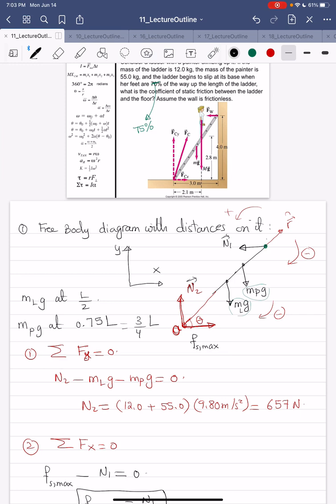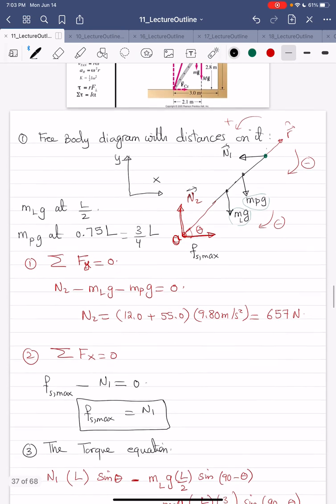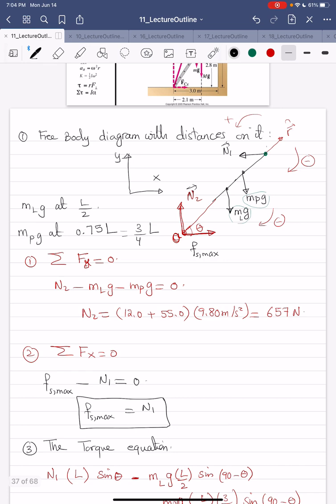Now m_l g, which is the weight of the ladder, is acting at L over 2, and m_p g, the painter's weight, is acting at 0.75 L, which is 3 over 4 L. I can apply sigma Fy equals 0, and that is going to be N2 minus m_l g minus m_p g equals 0, so N2 equals (12 plus 55) times 9.8, which is 657 newtons.